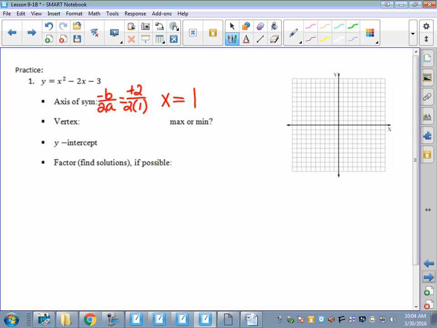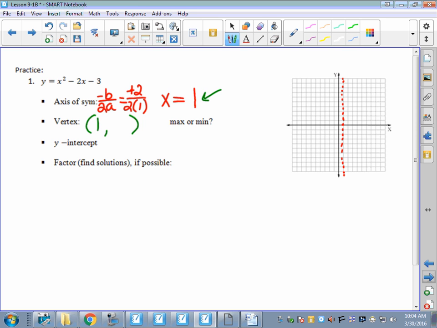So I'm going to go over to my graph. I'm going to find 1 on the x-axis, and I'm going to put a dotted vertical line. So that's plotting the axis of symmetry. Then when we plugged in the math, when we did the vertex, we knew it was going to be 1 something because we reused that axis of symmetry value.